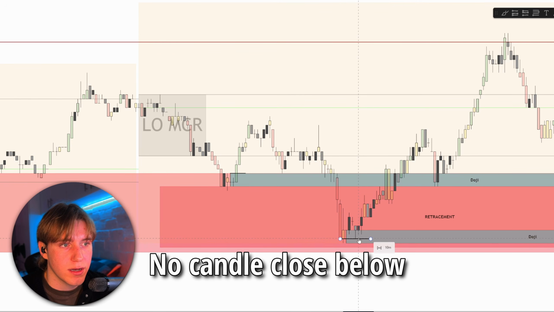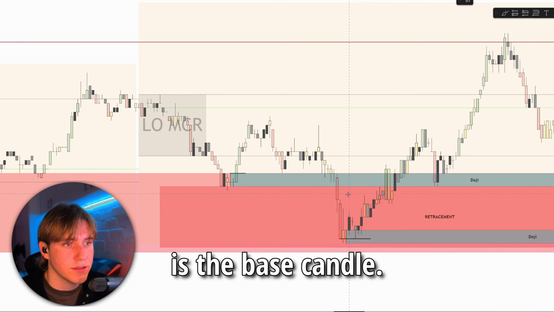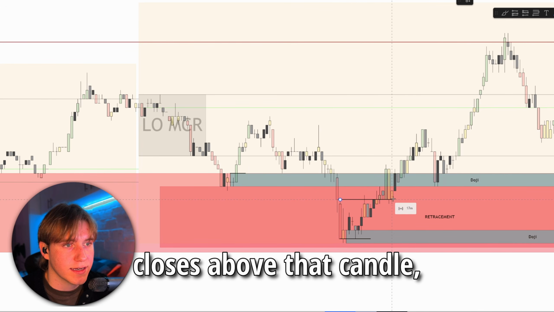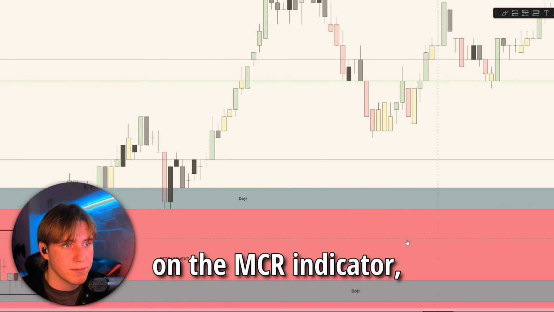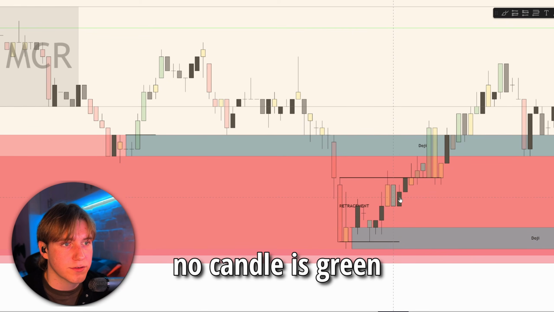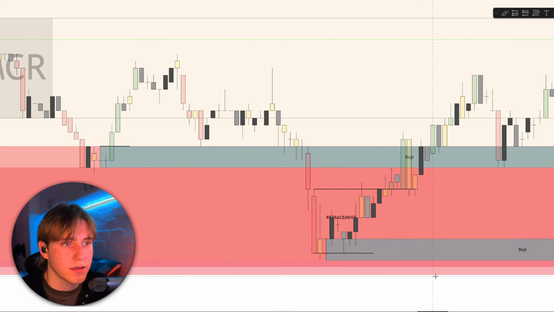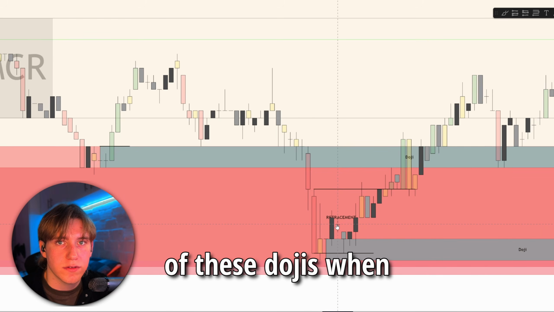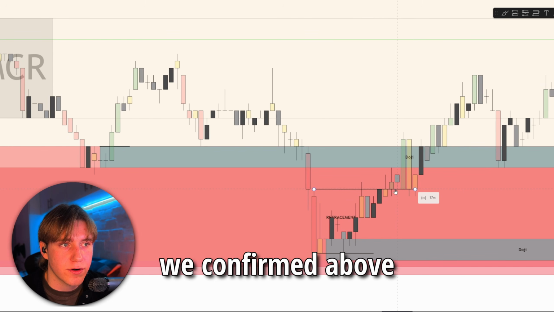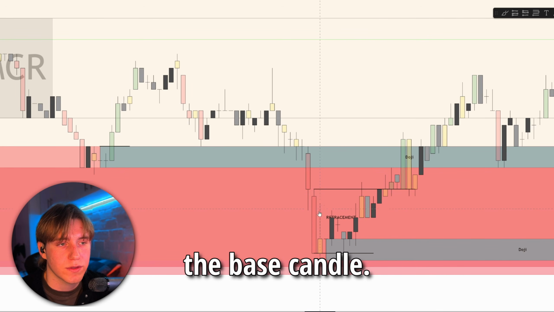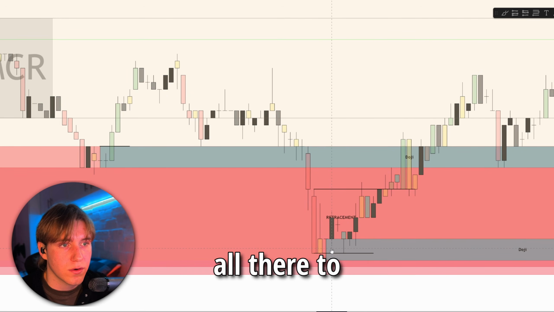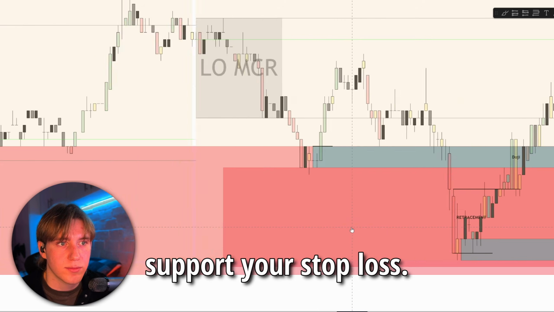No candle closed below it. So this is the base candle. So until price closes above that candle, as you can see on the MCR indicator, no candle is green until we close above it, because that's the base candle. We closed above all of these dojis when we confirmed above the base candle. So these dojis are all there to support your stop loss.